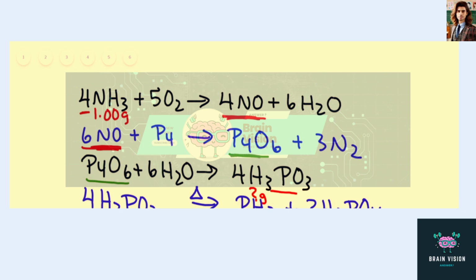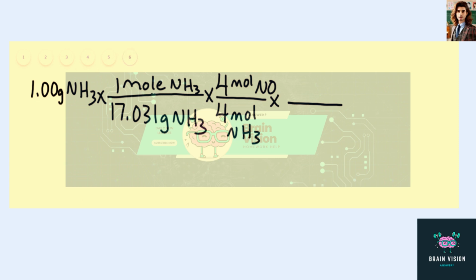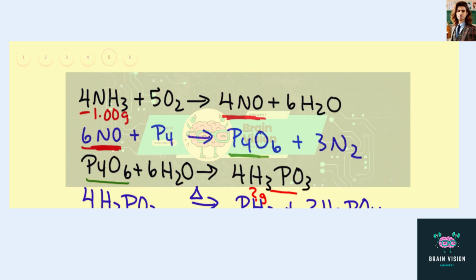So let's go back to our work. So continuing on with our stoichiometry, 6 moles of NO would form 1 mole of P4O6. Let's take a look at the reactions again.